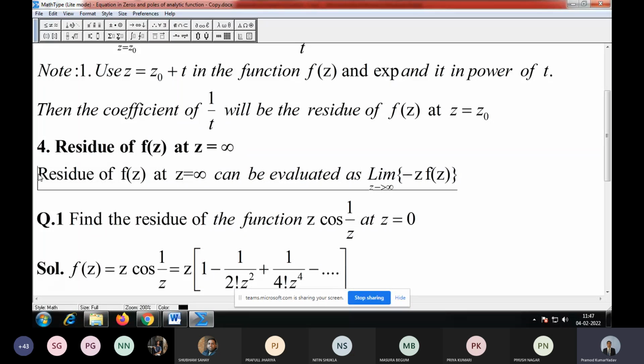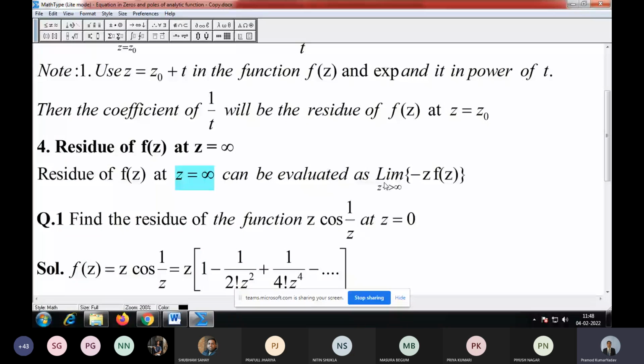This is another way: the residue of f(z) at infinity can also be evaluated as the limit as z tends to infinity of minus z times f(z).